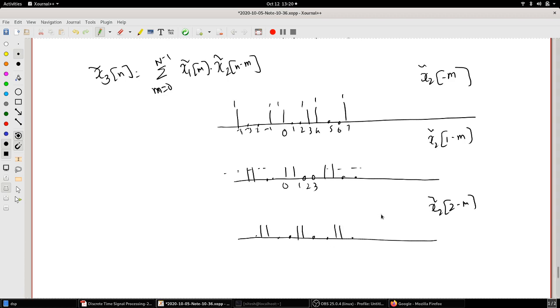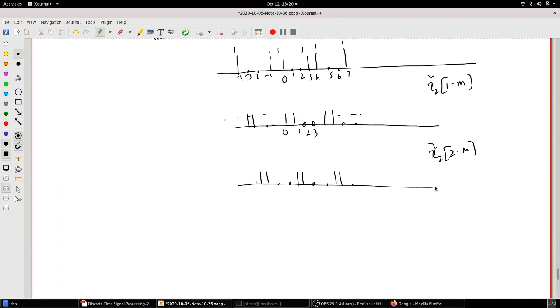And your x2 tilde of 3 minus m will be 0 0 1 1 0 0 1 1 0 0 1 1. This is how your x2 tilde of 3 minus m will be.